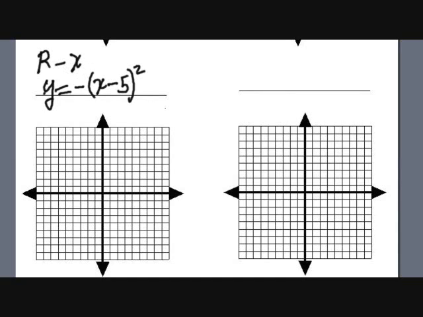Okay, so we have exactly the same parabola except that it is flipped over the x-axis. 1, 2, 3, 4, 5. The vertex stays the same here. However, any y value changes the sign.